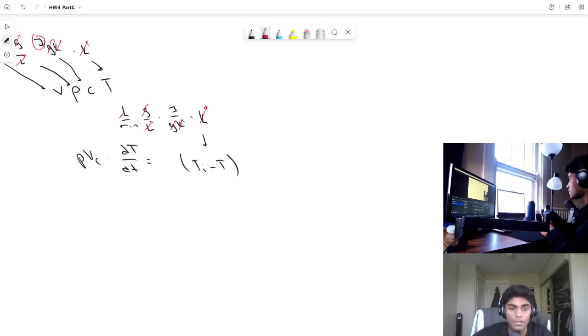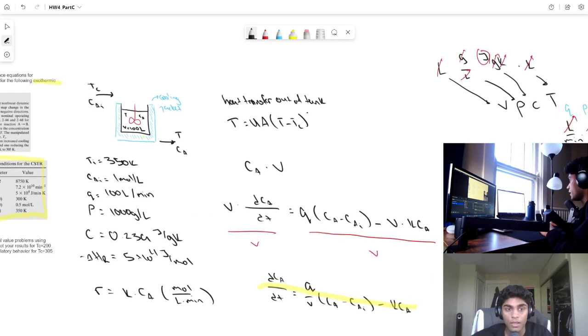So now we have this in terms of joules per minute. So we have to multiply by Q rho C. So Q rho C times that, and that's going to give us the difference in heat between our reactants and products.